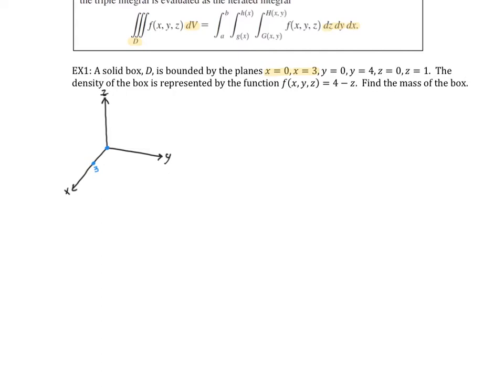And then my y's go from 0 to 4. So that would be planes parallel to the xz axis from 0 to 4. And then my planes z, they'll be the bottom and the top of my box, would be these horizontal planes, z is equal to 0 and z is equal to 1.